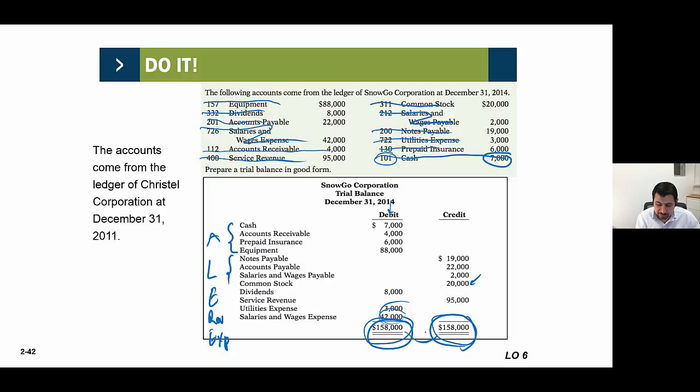Otherwise, we know that we have made a mistake. Remember, we put the debit account under the debit column and the credit account under the credit column. That's how we prepare a trial balance, and we check and compare that the trial balance is actually balanced.